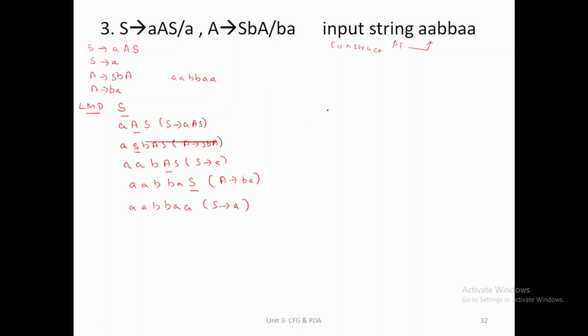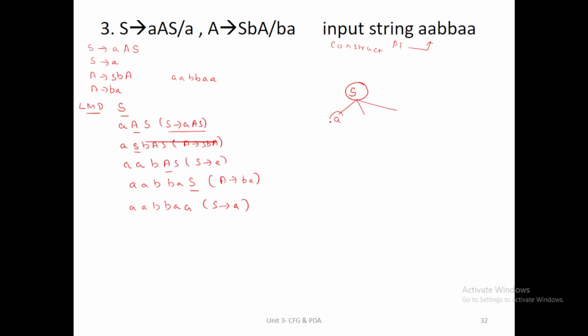So how do we construct a parse tree? The parse tree root node always contains the starting symbol. So I am writing the first derivation here, S. Then you check the production within the bracket. This S should be replaced by three symbols, so you draw three children.